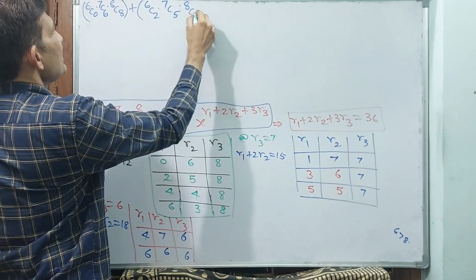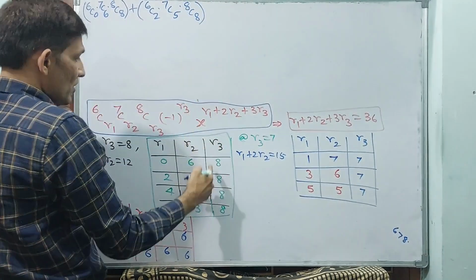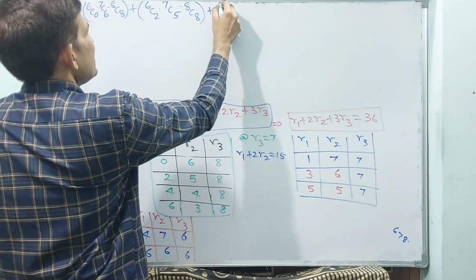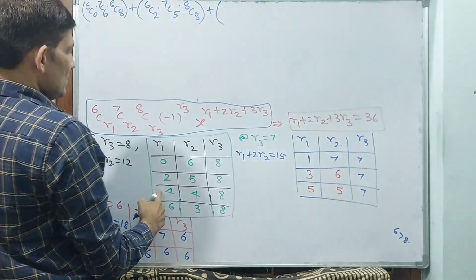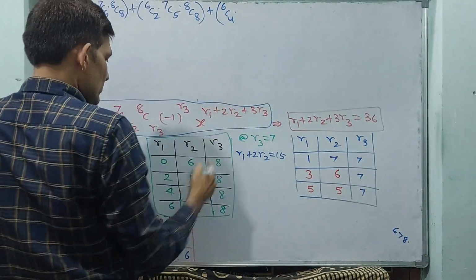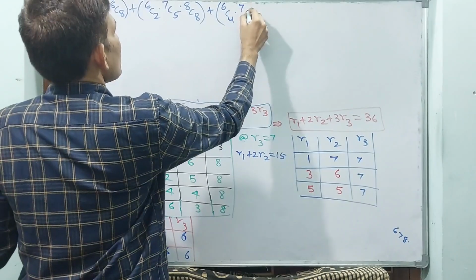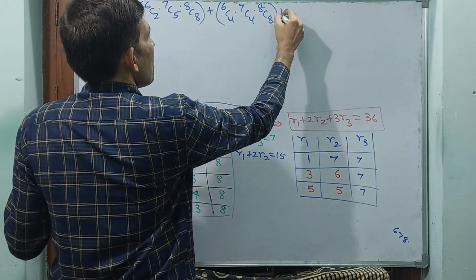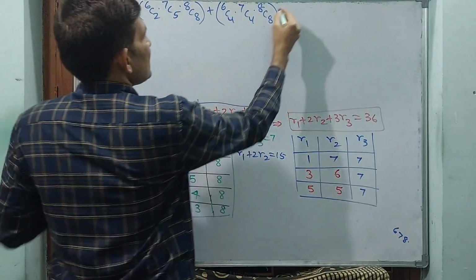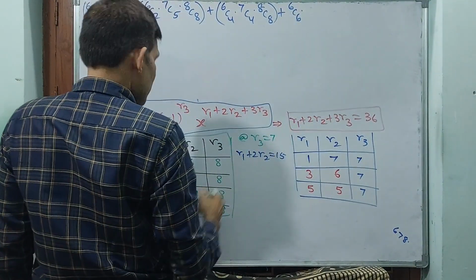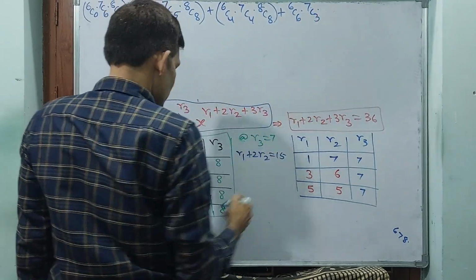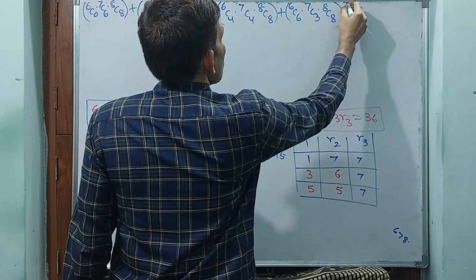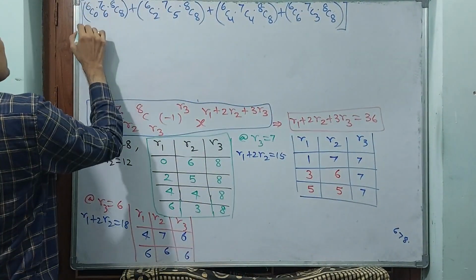This is standard 8C8, or else we can take 8C8 common also. For all these minus 1 power 8 is going to come, that is why positive only. Plus third one, 6C4 into 7C4 into 8C8. Plus last one, 6C6 into 7C3 into 8C8. One more bracket I am keeping, parenthesis and bracket.